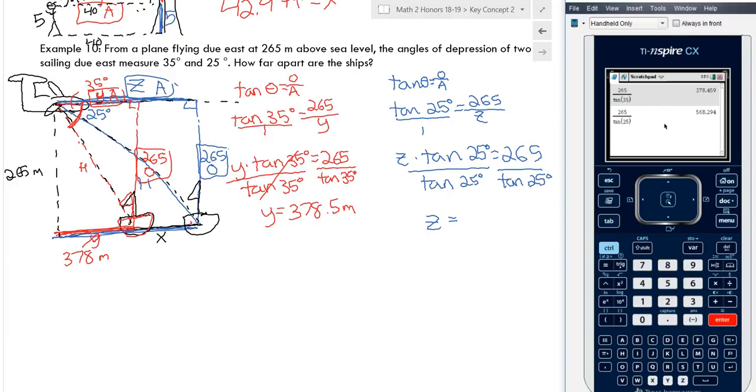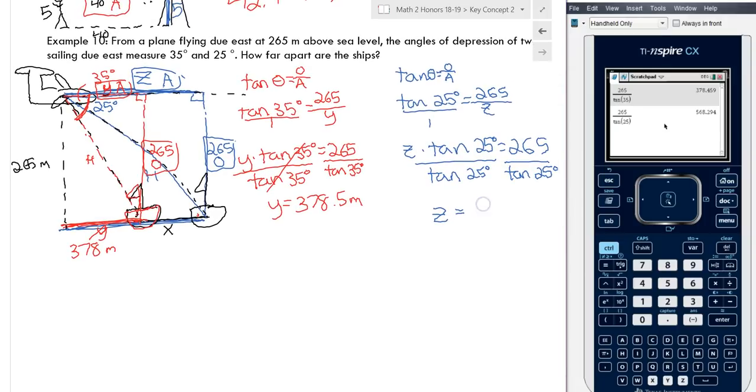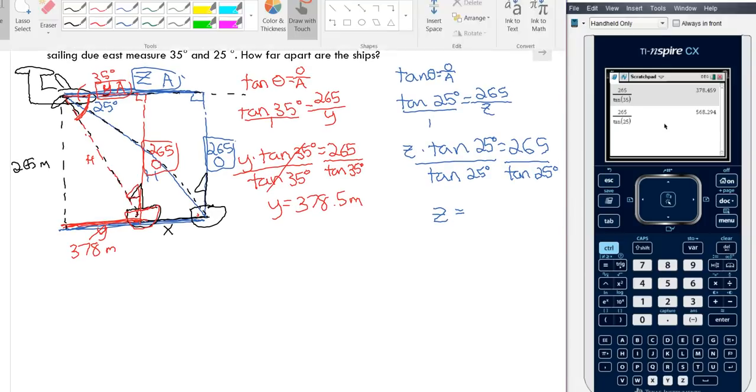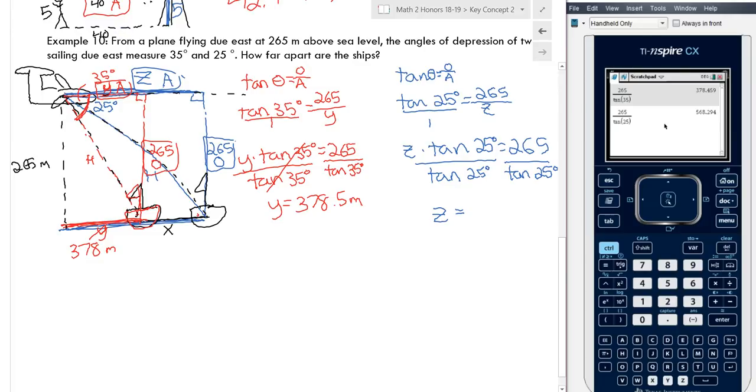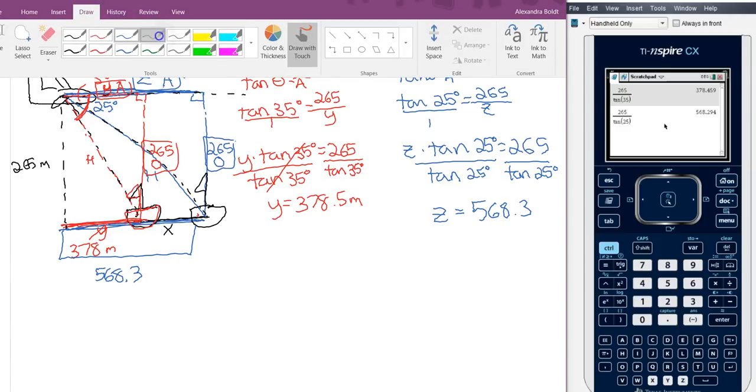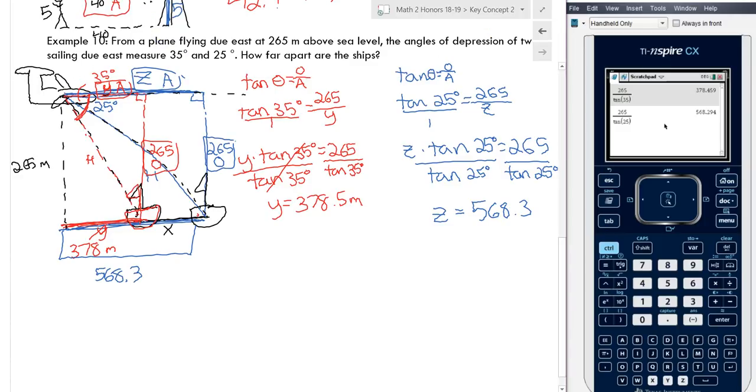Which is 568.3. So this whole distance here, right, is 568.3. So again, we want to solve for x, and x is just this distance right here, from here to here, just between the two ships.